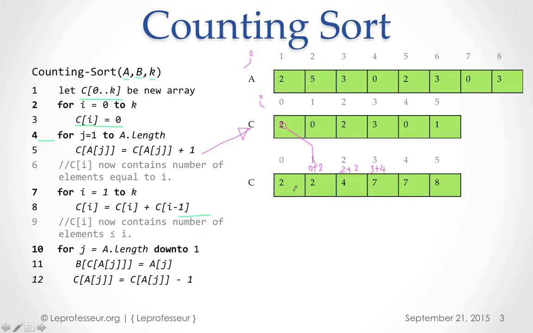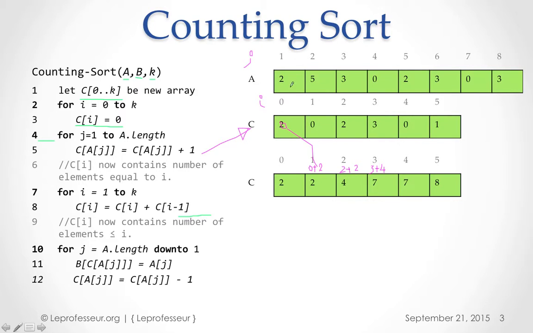Now the C array contains a little more information, meaning how many elements are less than or equal to i, where i is any position in array C. So let's say position number 0. How many elements are less than or equal to 0 in input array A?